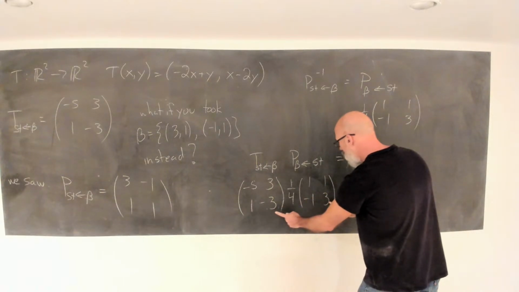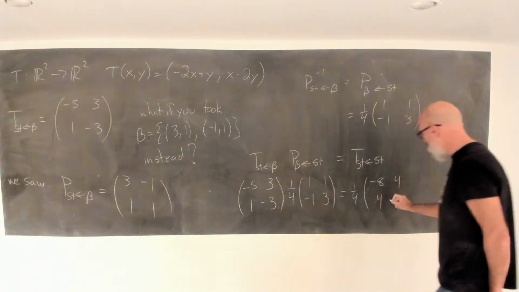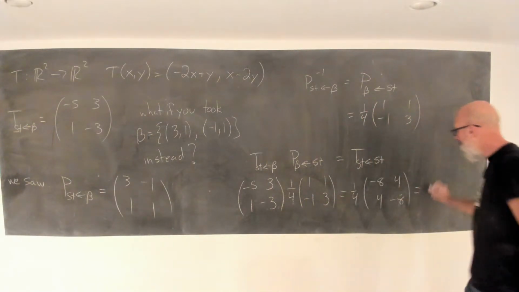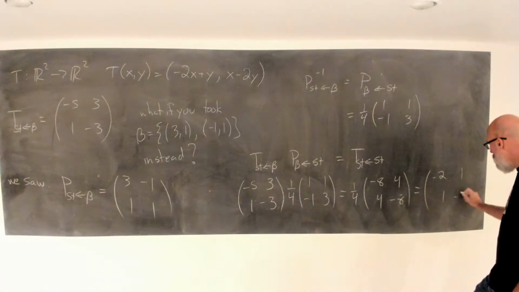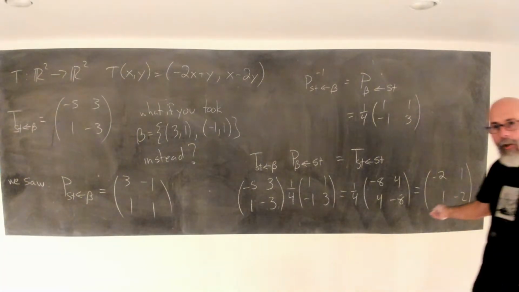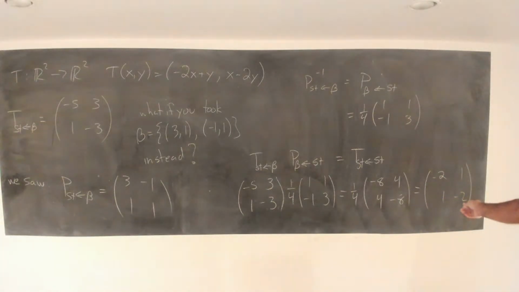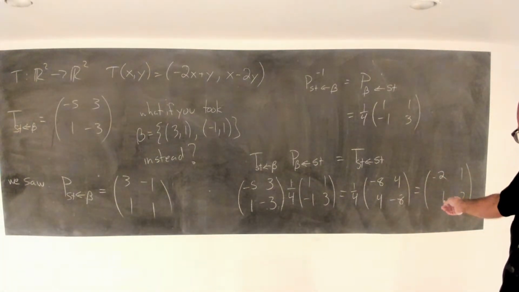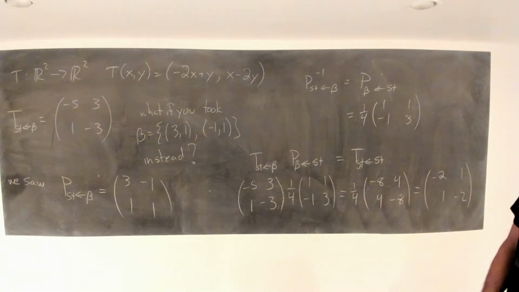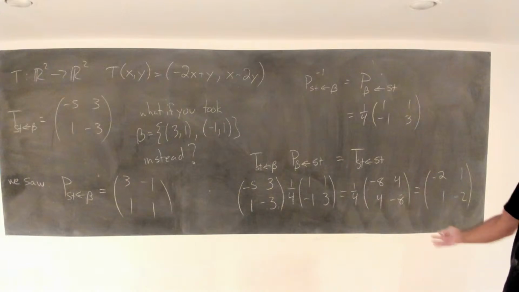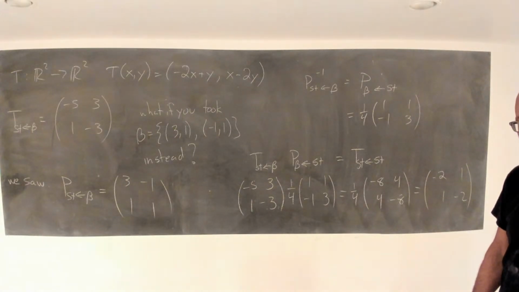And 1 minus 9 is minus 8. And this is minus 2, 1, 1, minus 2. Exactly the matrix representation we had for the original. The original matrix representation.